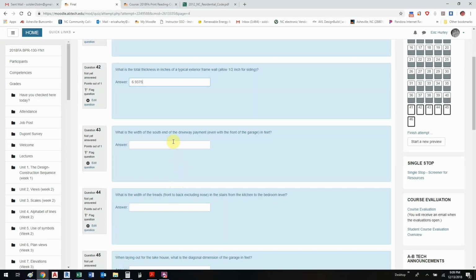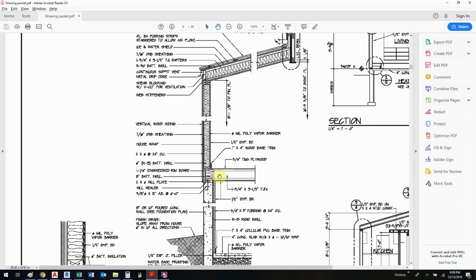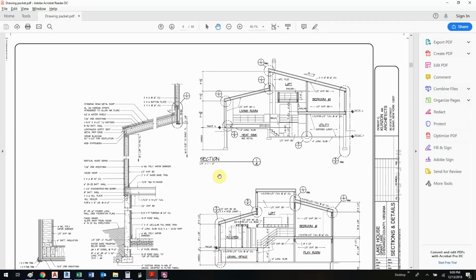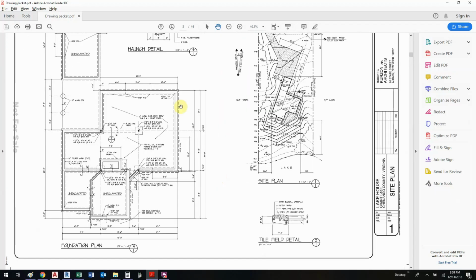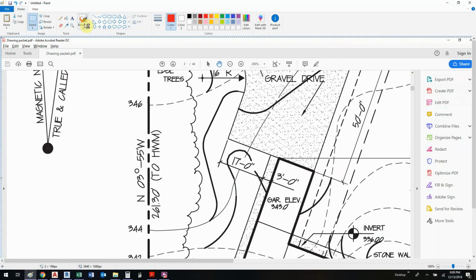What is the width of the south end of the driveway pavement, even with the front of the garage? All right, so wrong one. Let's go to our site plan again. I'm asking for a measurement along this whole line here.